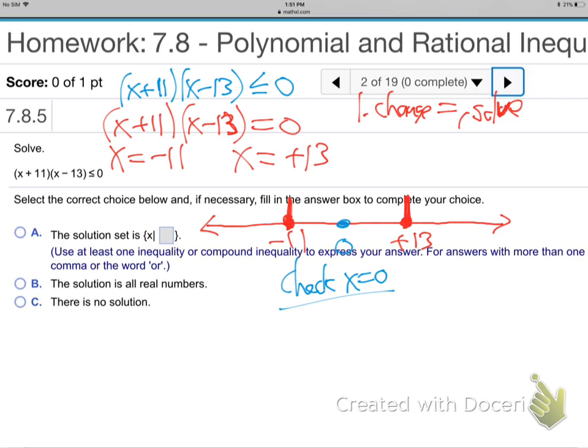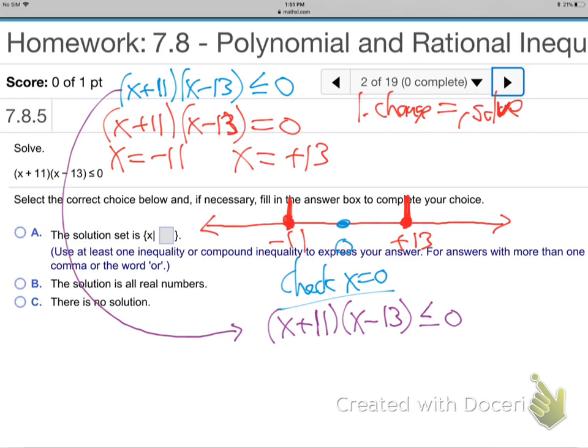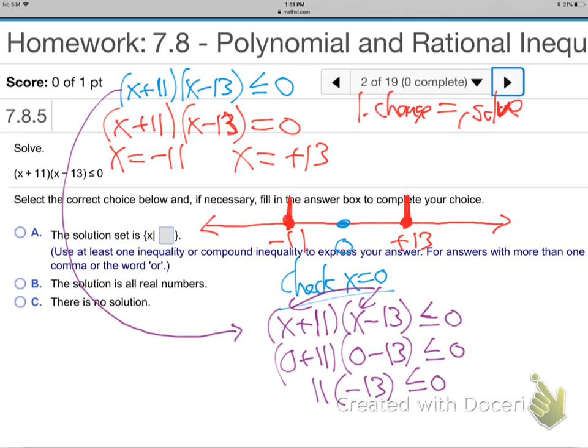And you take the original, and you put in 0, put in 0. 0 plus 11, 0 minus 13, 11 times minus 13, whatever, it's some negative number.